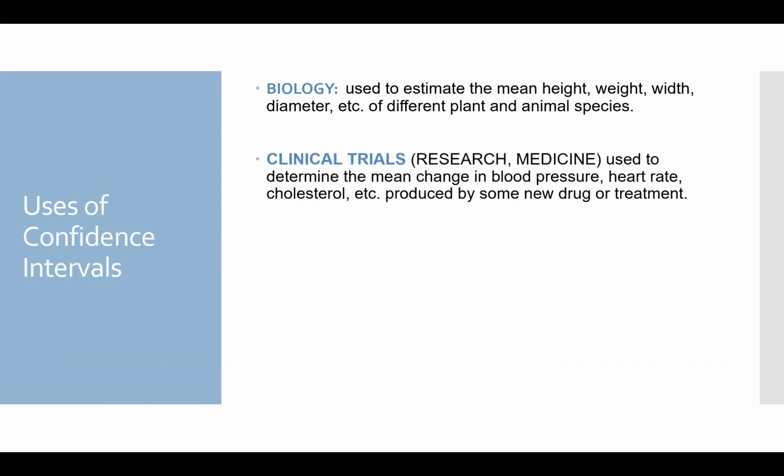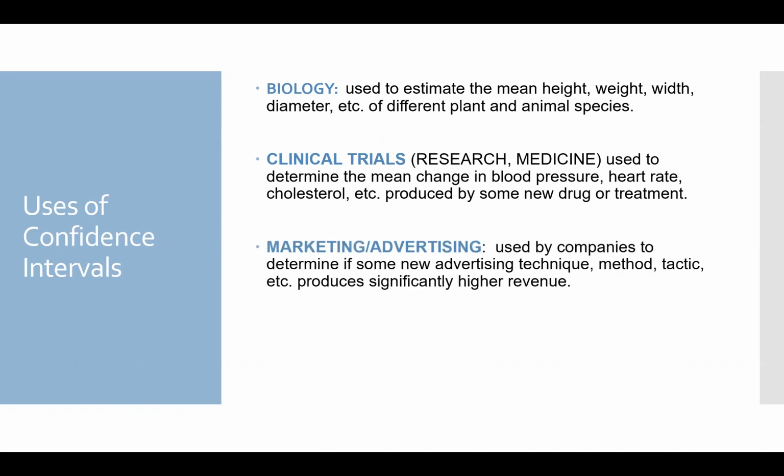Definitely within research related to medical trials, we could use the confidence interval to determine the mean change in the blood pressure, the heart rate, the cholesterol that's related to some new drug or a new treatment. Again, we're looking at a range of values as opposed to a single individual value. And think about how useful that could be in these scenarios.